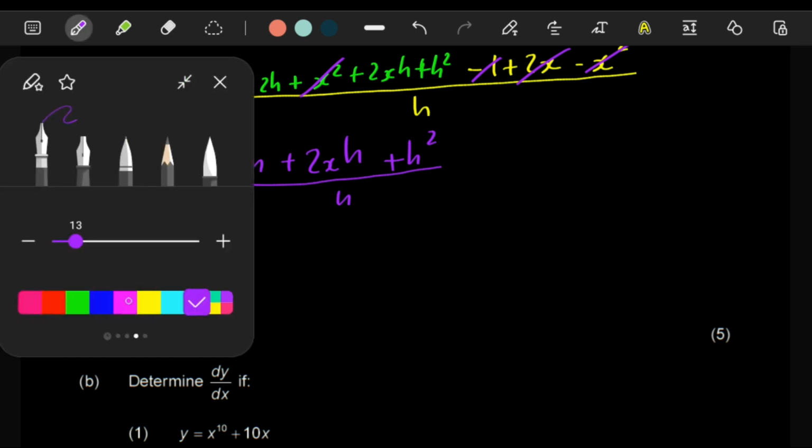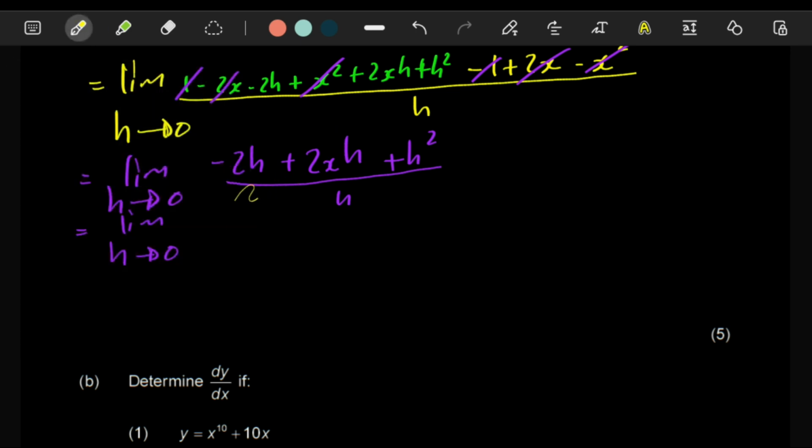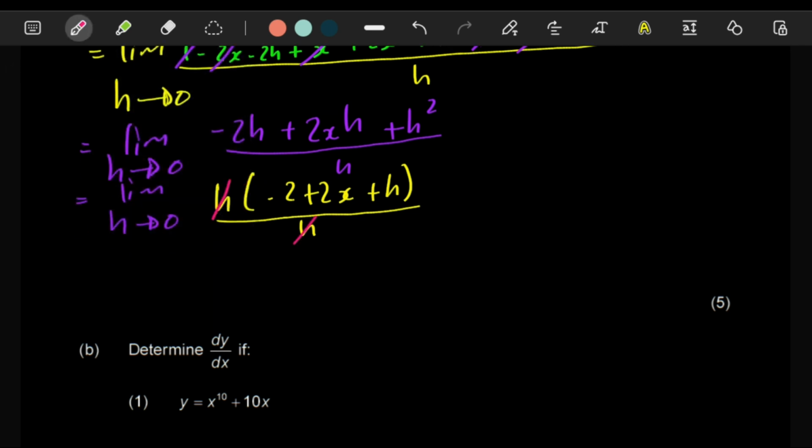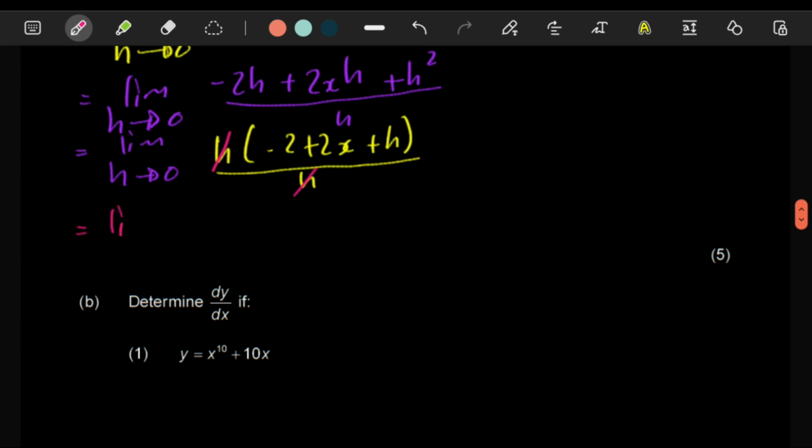So taking out h as a common factor, what do you have? h times -2 plus 2x plus h. There we go. So here, let me put the pink. This h cancels that h. You're going to have lim h goes to 0 of -2 plus 2x plus h.